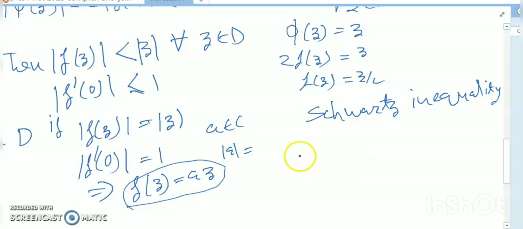Now I can write that, where mod of a equals 1, mod of a into half equals half.